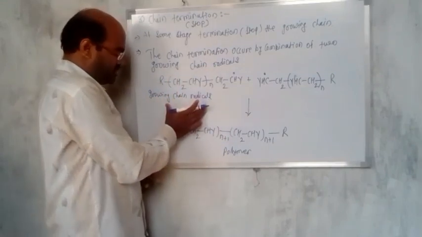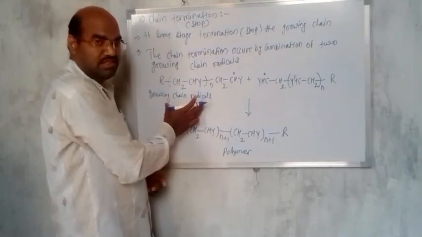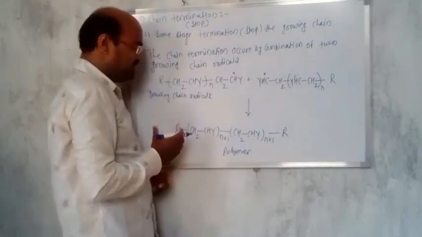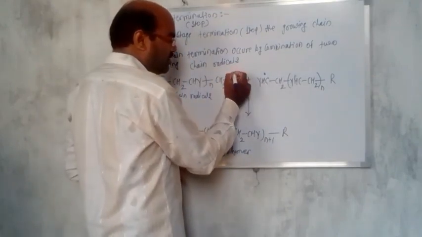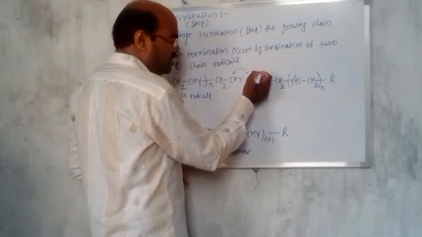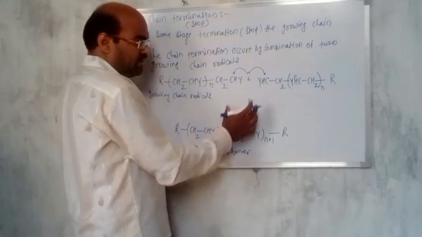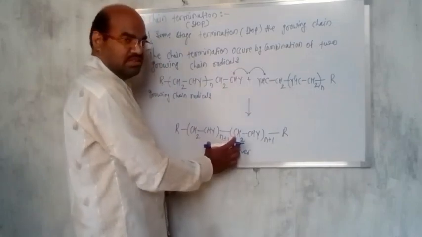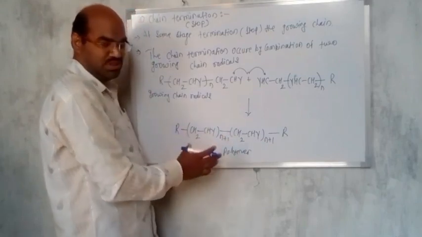Suppose this is the first growing chain radical which was formed in the chain initiation reaction. This is the second growing chain radical. So these radicals come to each other and form a bond, and after this bond formation the chain will be stopped. So here the polymerization process is stopped.